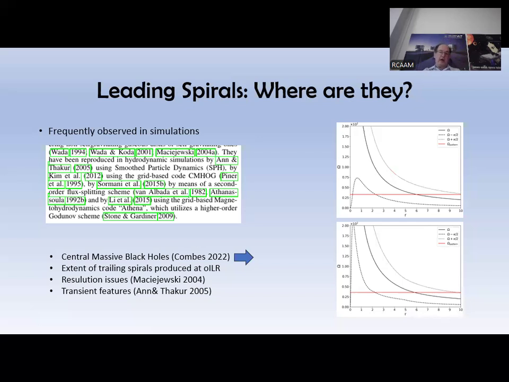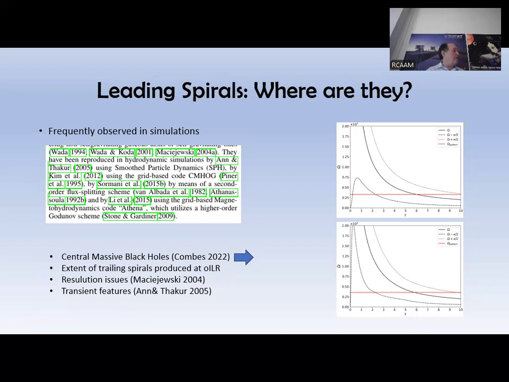Here I have already told you what the proposed solution was. Here on the right-hand side you can see what happens. The upper figure is what one can get just by calculating the resonances in a galactic disk.